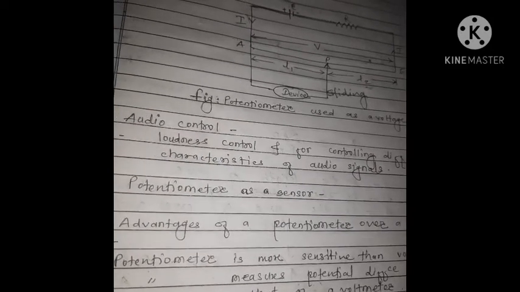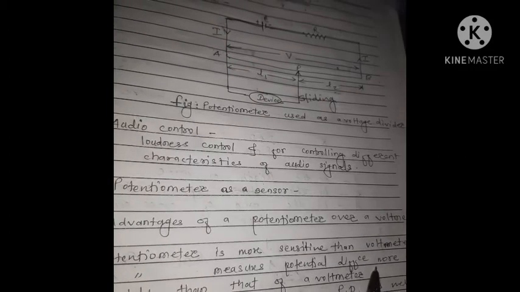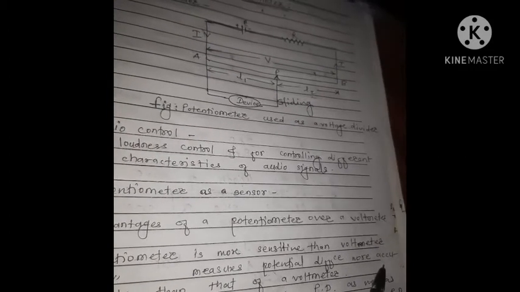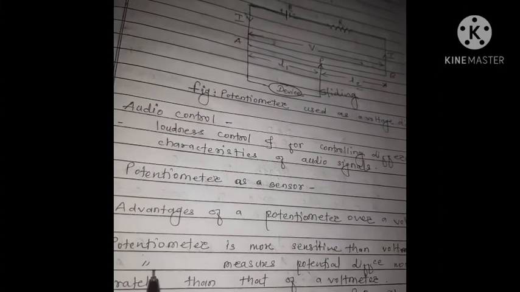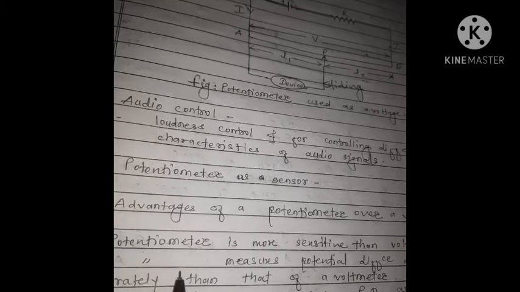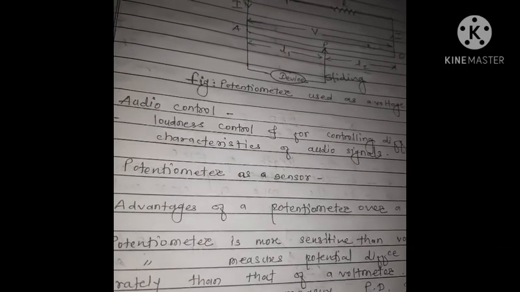Now, the potentiometer measures potential difference more accurately than the voltmeter, because the least count of the potentiometer is much better than the voltmeter.